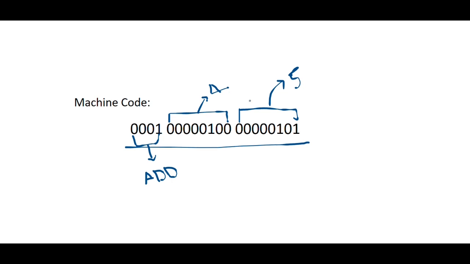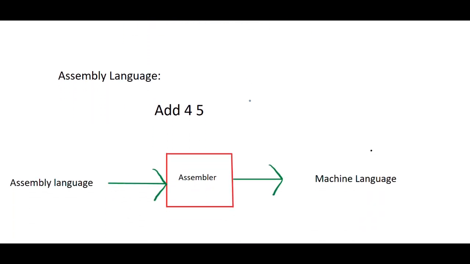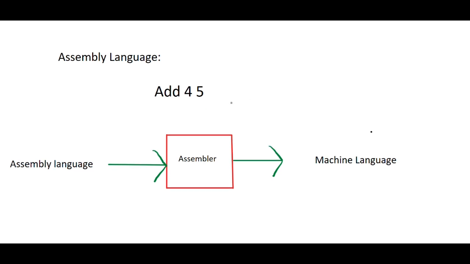To make things a little more human friendly, assembly language was introduced. Instead of writing raw bits, you write add 4, 5. Much easier to read, right? But the processor still can't understand this directly. It needs to be converted first.